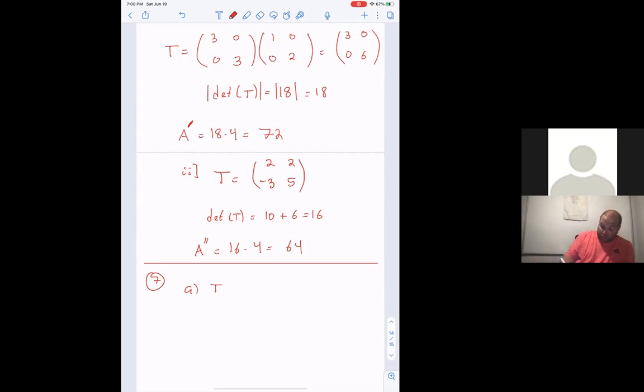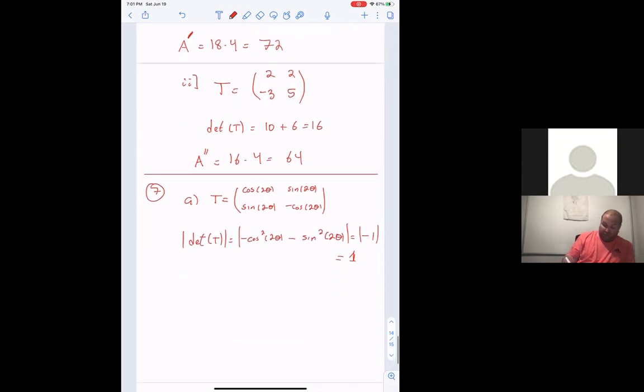We know that the transformation matrix that represents a reflection is [cos 2θ, sin 2θ; sin 2θ, -cos 2θ], and therefore the determinant of the transformation matrix is negative cosine squared of 2θ minus sine squared of 2θ, which is negative 1. So what's the absolute value of the determinant? It's 1. Area does not change.